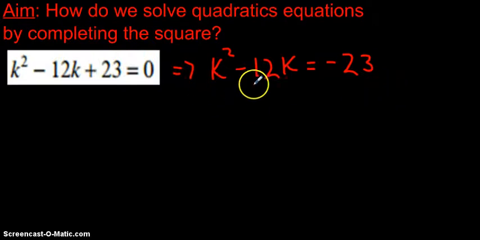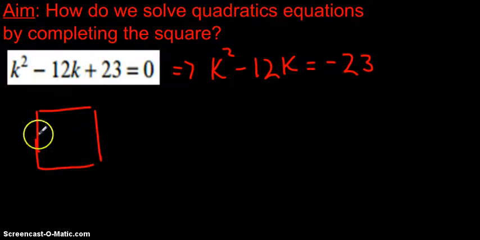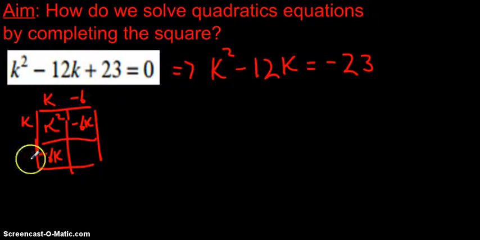Alright, and determine what value completes this square. So let's complete the square. That's k squared. Each of these is going to be half of that 12, so that's negative 6k. That's negative 6k, making these negative 6. This will be 36, so we're going to add that to both sides.